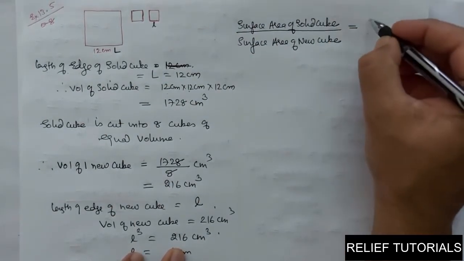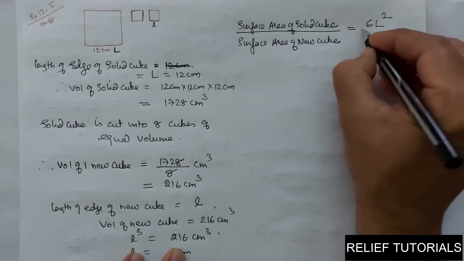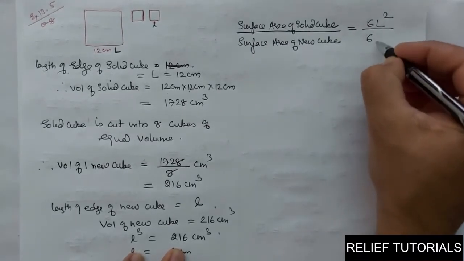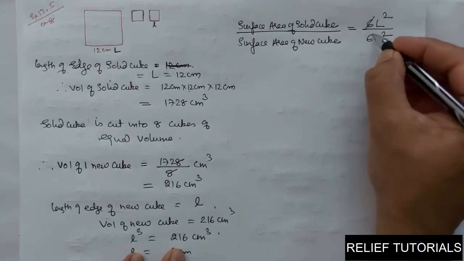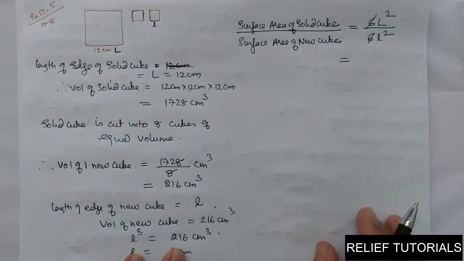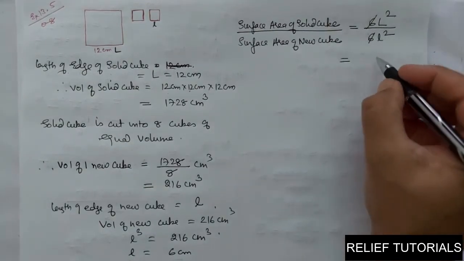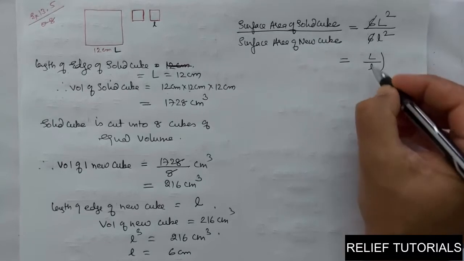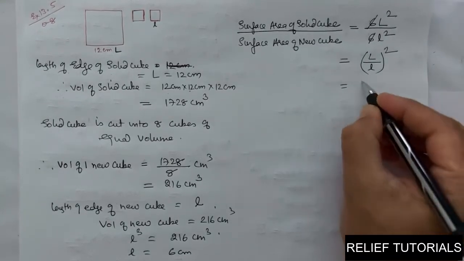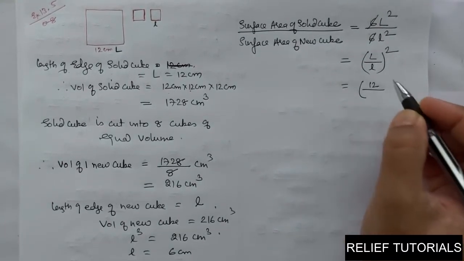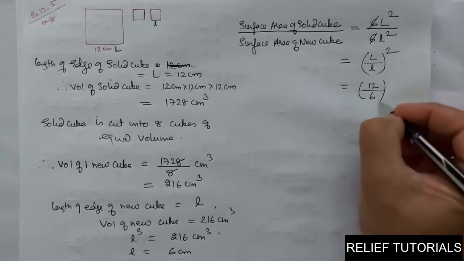The surface area of the solid cube is 6L² upon the surface area of the new cube, which is 6l². So the 6 will get cancelled. Clear? So here L upon l, the whole square. So L is 12 and small l is 6, the whole square.